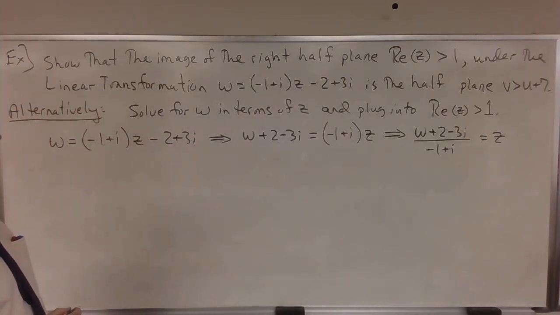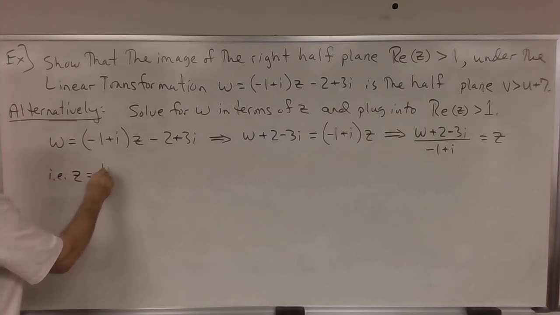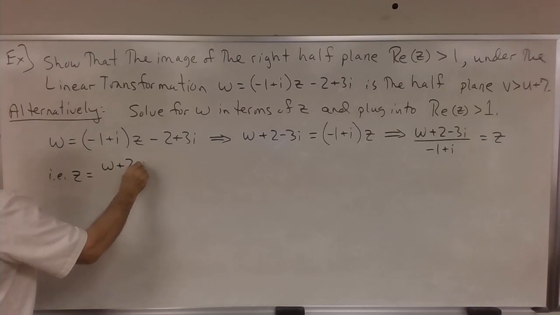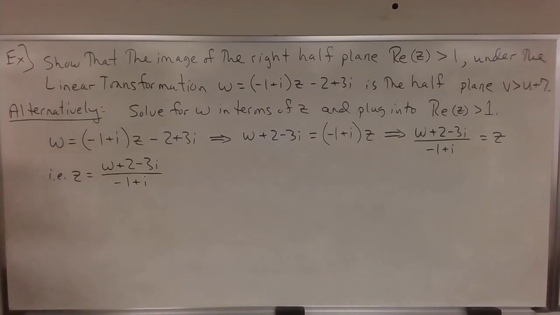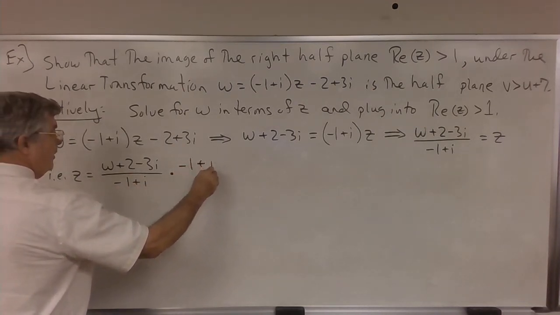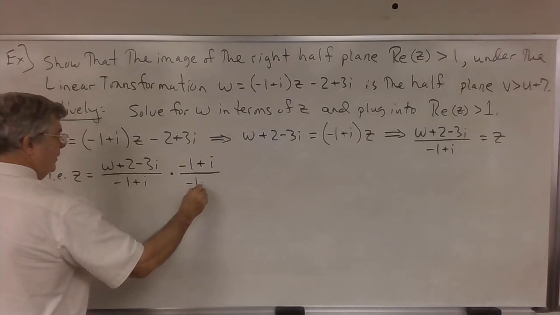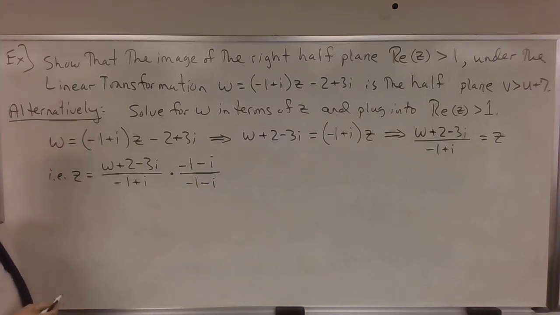And let's see if I can just sort of write that as a complex number. So what do I do here? I'm going to multiply top and bottom by the conjugate. That's how I divide by a complex number, right? So I'll multiply top and bottom by the conjugate. And I did say conjugate, didn't I? Okay.